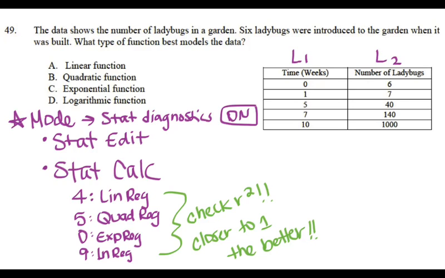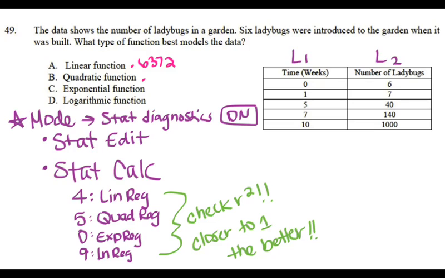Okay, so let's try this again. Going to Stat, Calc, Linear Regression, down to Calculate, hit Enter, and now I see an R squared. My R squared for this is 0.6372. And I'm going to do the same thing for my quadratic, exponential, and logarithmic. So now I'm going to go to Stat, Calc, Quadratic Regression, which is number 5. Scroll down to Calculate.